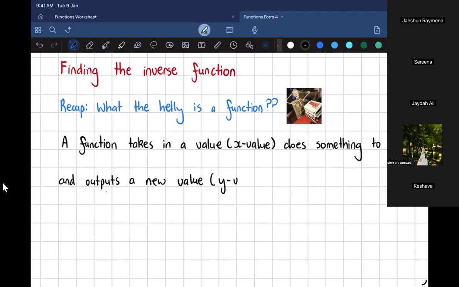Y. Right. So in summary, a function maps the x value onto the what value? The y value. Right.